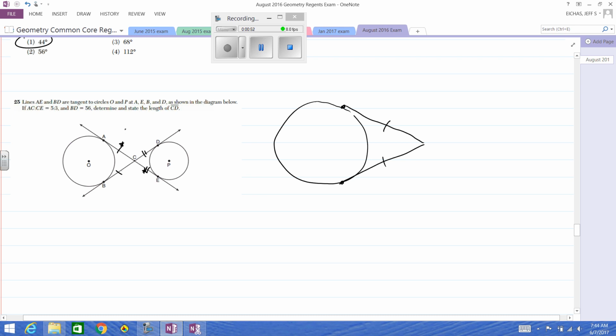They tell us AC is not the same as CD. They're going to be different. So if AC and CE are in a 5:3 ratio, then so are BC and CD. So that's basically what we get. BC to CD must also be 5:3.